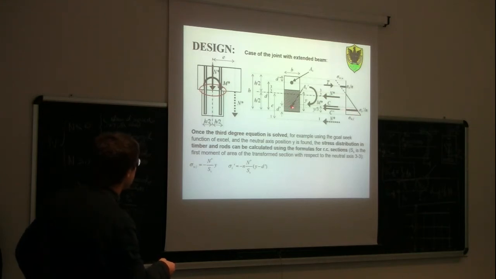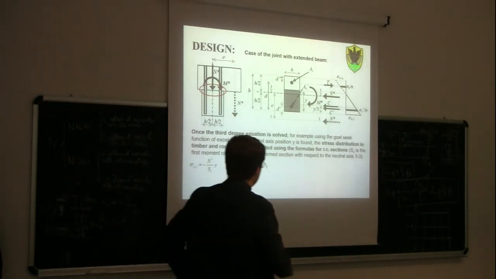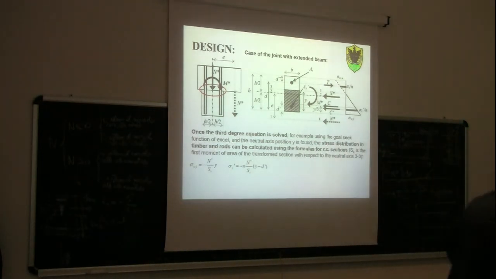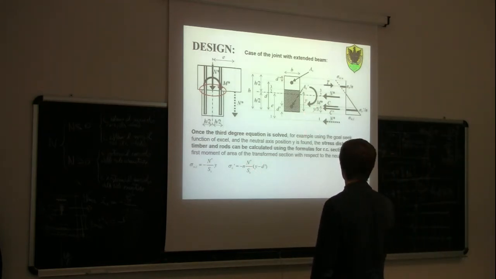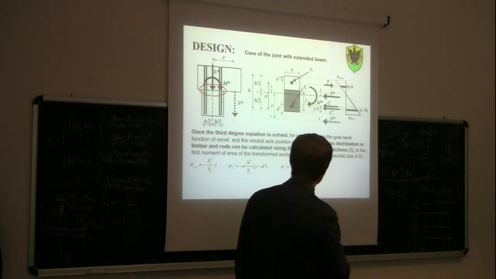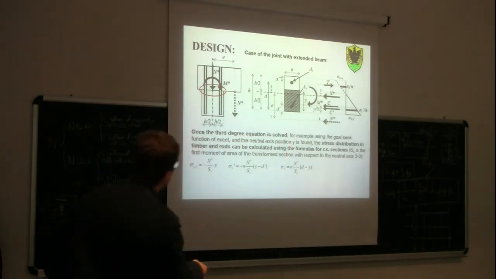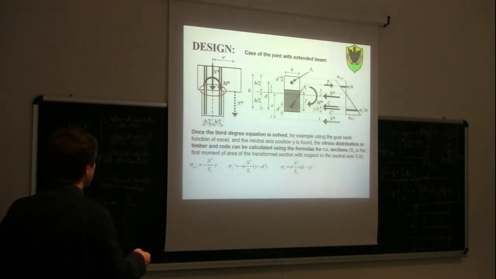In this case, we have to remember to multiply by n. n is the modular ratio. n is basically the ratio between the modulus of elasticity of steel and the modulus of elasticity of wood. And in this case, the distance is y minus d prime. And the last one, the stress in the rods subjected to tension, is n times N asterisk divided by Sx times d minus y.